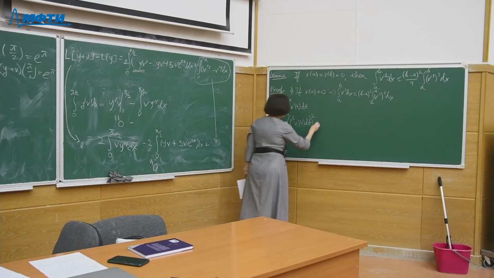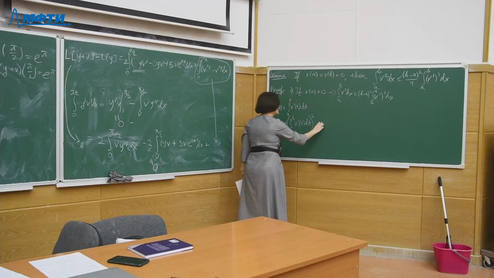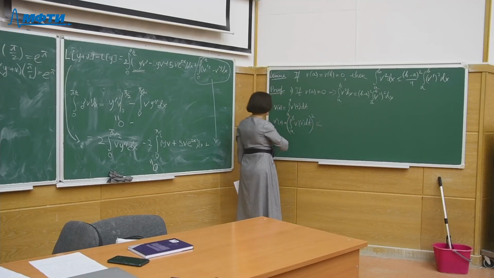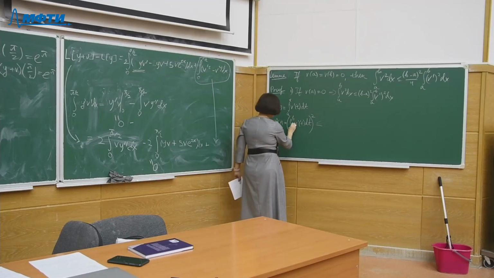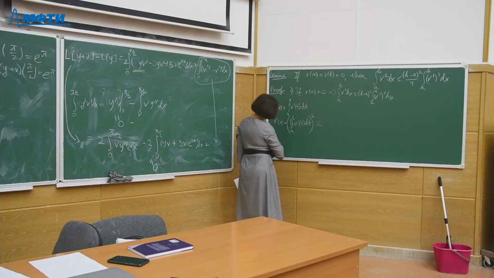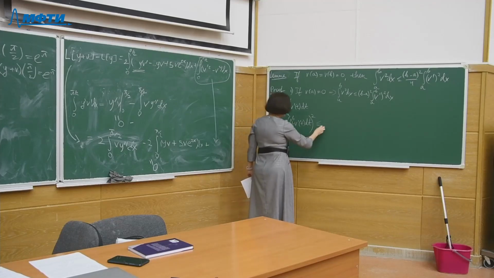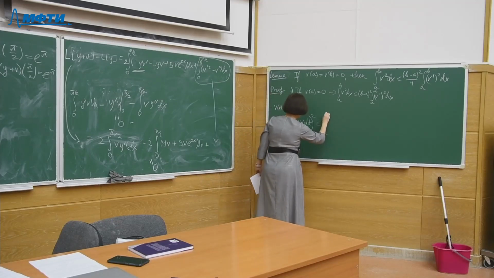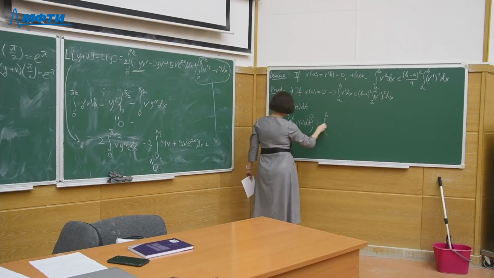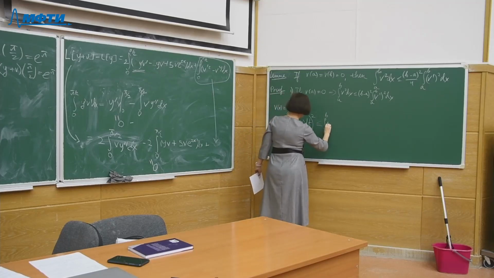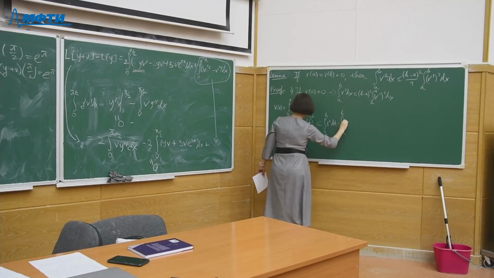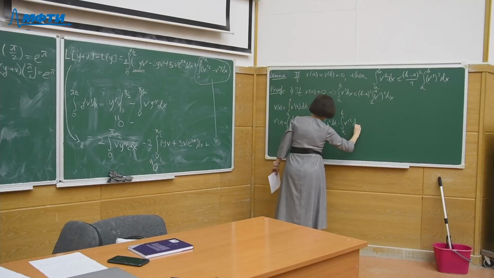And by Hölder inequality, or the Cauchy-Bunyakovsky-Schwarz inequality for inner product, it is less than or equal to the integral of 1 squared dt times the integral of v prime squared dt.